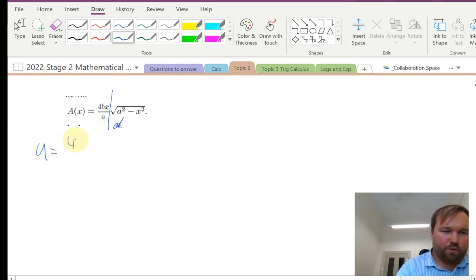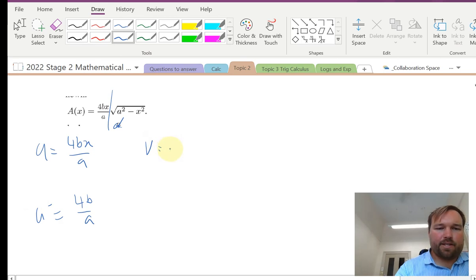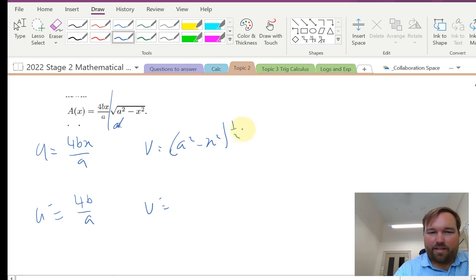U equals 4bx on a, and therefore u dash is just 4b on a. V is a squared take x squared to a half. And v dash is minus 2x times a half, which is just minus x, bracket a squared take x squared to minus a half.